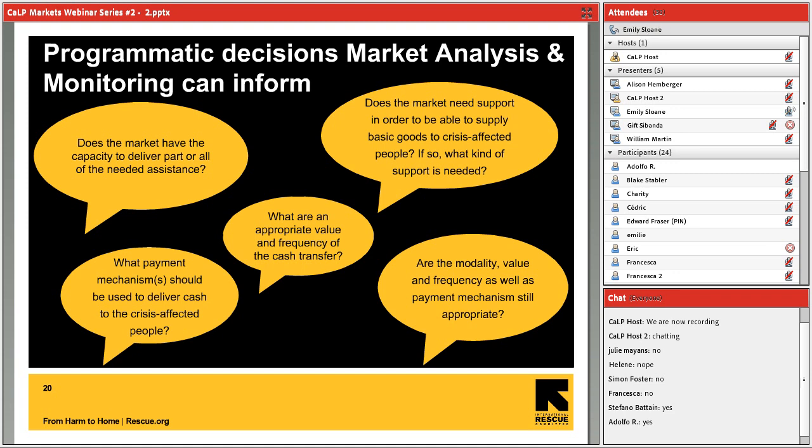And obviously this is really focused on a certain type of intervention, but I would argue that most of the humanitarian market analysis tools that are out there are really focused on these main questions. But just as an aside, the reason we're doing this market information framework in a couple of versions is so that we can get some feedback from people who have used it. So if you have thoughts on this, please do get in touch after the webinar.